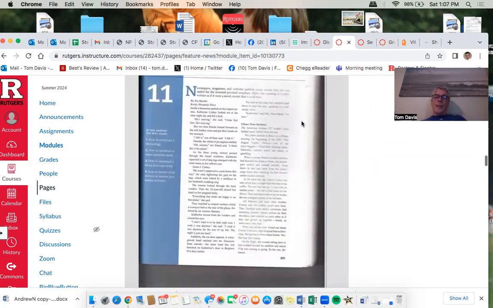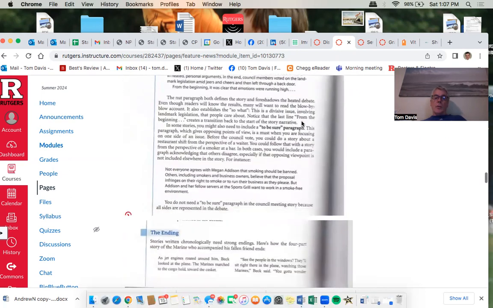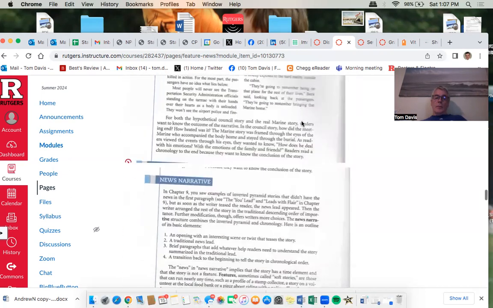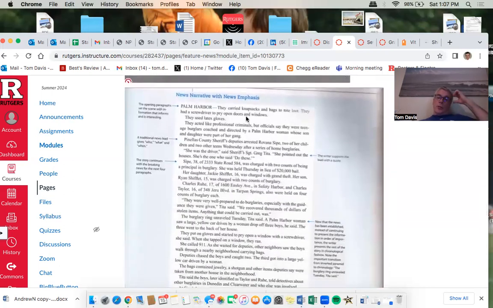He provides some examples here of how one actually works. Right here, this is a pretty short anecdotal lead, but the idea is that it's suspenseful. A lot of times these kinds of stories are done as follow-up stories. An incident happens early in the day, like a terrible accident or a burglary, and you want to follow it up with more descriptive details and a more engaging story.